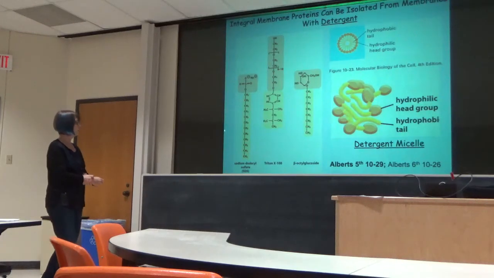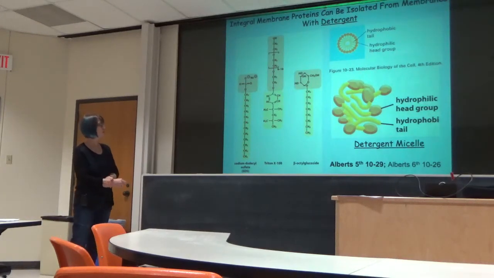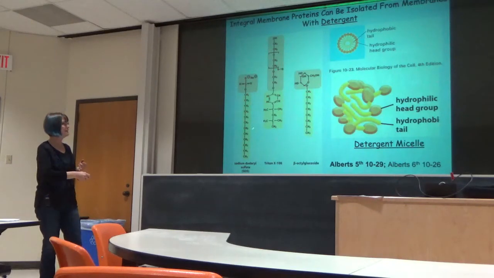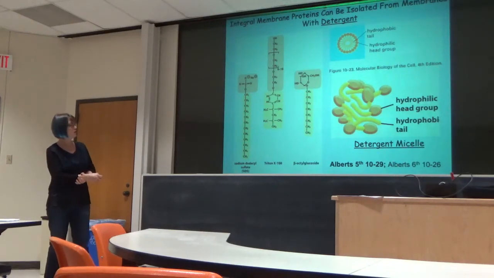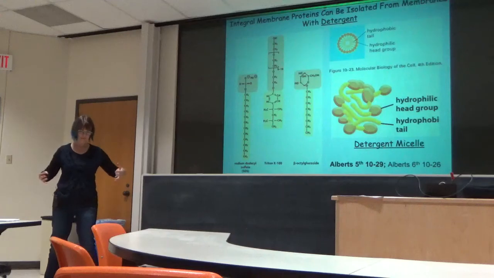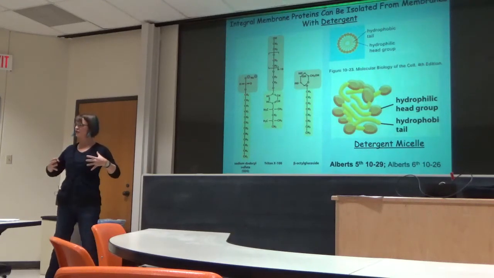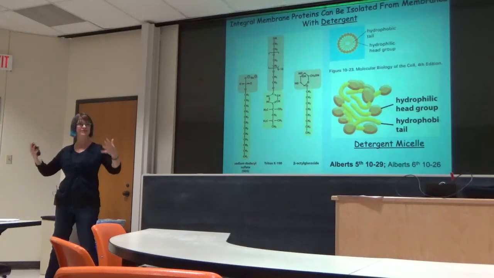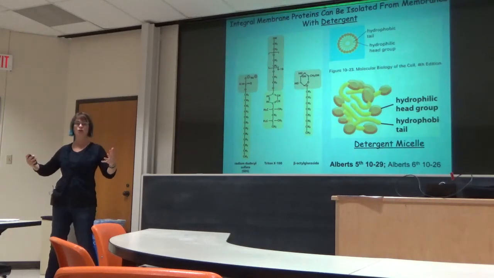Whether we're talking about a strong detergent or a gentle detergent, they are not miscible in water because of these hydrophobic tails. And so they form these structures called micelles, where if you put this detergent in water, they'll sort of circle around each other to shield that hydrophobic tail away from the water. It's just a natural physical thing that detergents do.